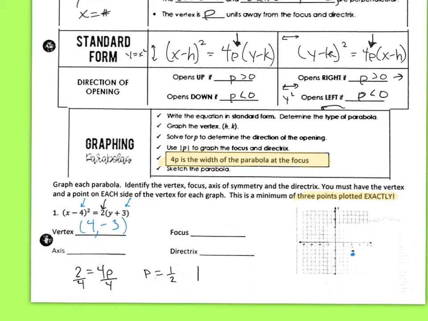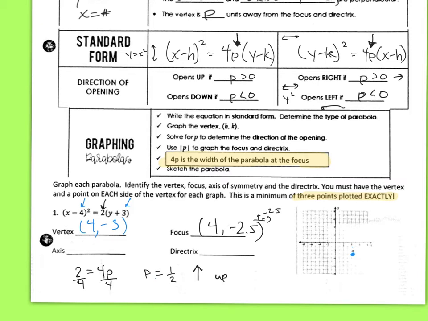P is positive, so we know it opens up. So 1/2 space up is your focus. If you imagine we're at -3 and we move up 1/2, we'd be at -2.5. So that's the y value for the focus. So we go right 4 and we go down 2.5. But more importantly, that's where the focus is.